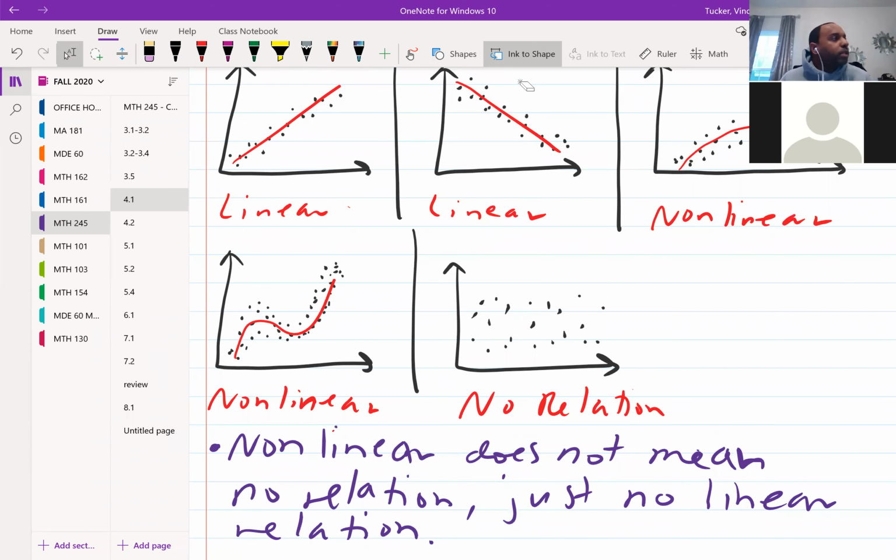Yeah, so that's what I said in the purple. Non-linear does not mean no relation, just no linear relation.